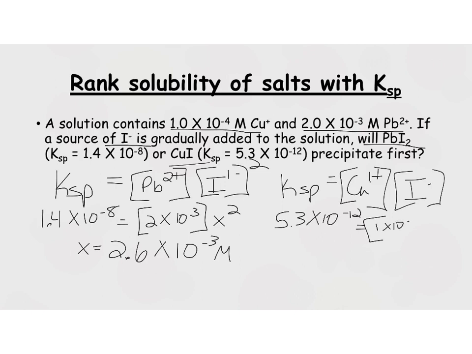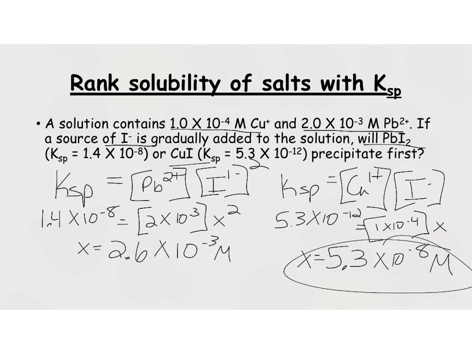Again, we're solving for I. It's just going to be x this time. Do some math. In this case x is 5.3 times 10 to the negative 8th.